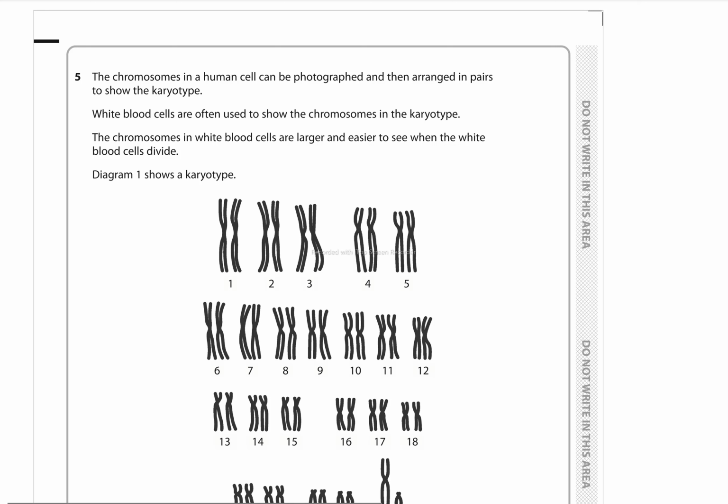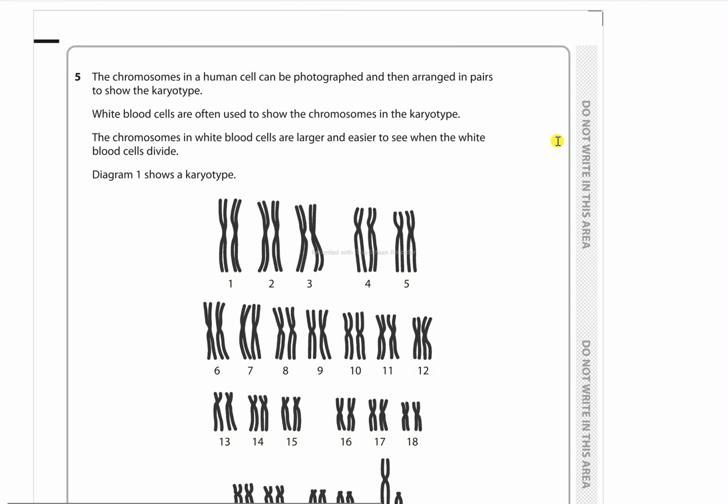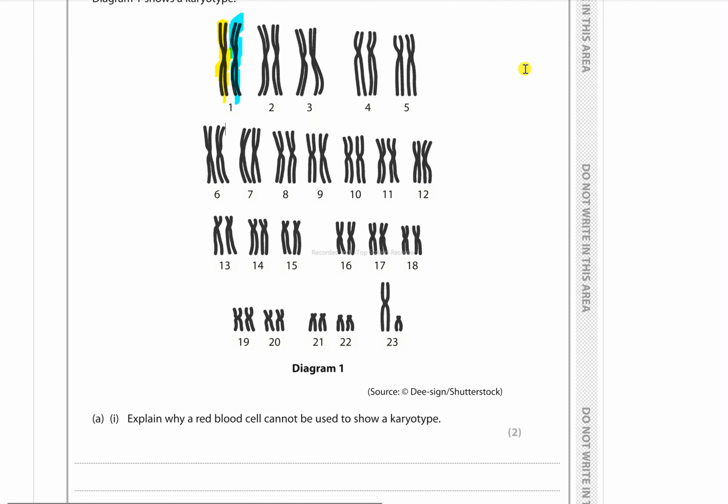Chromosomes, karyotype. So this type of diagram is called a karyotype, where you're shown all the chromosomes in pairs. So that's one chromosome, that's another chromosome. So these are all from one from mom, one from dad.